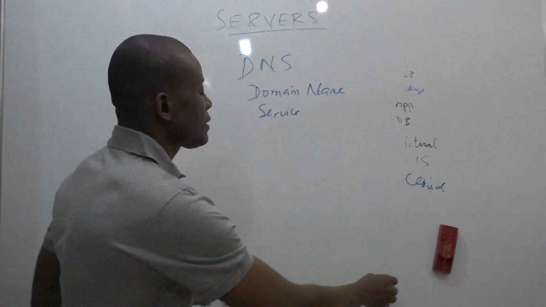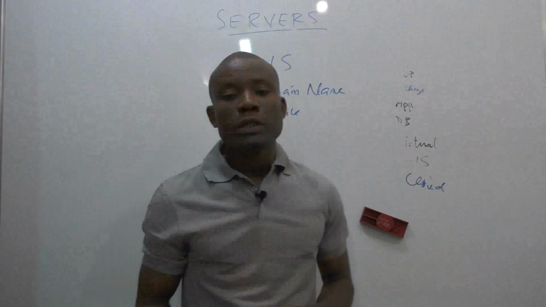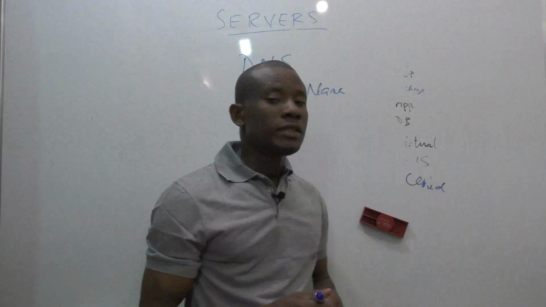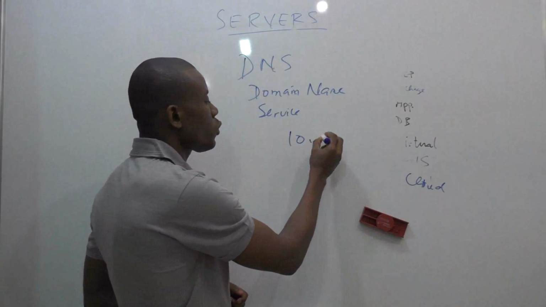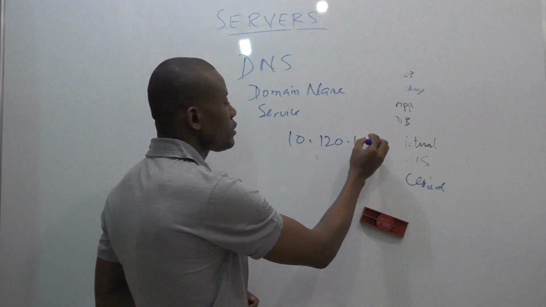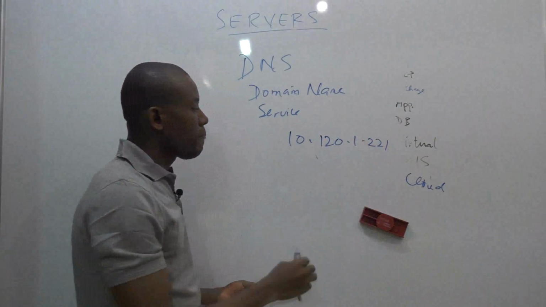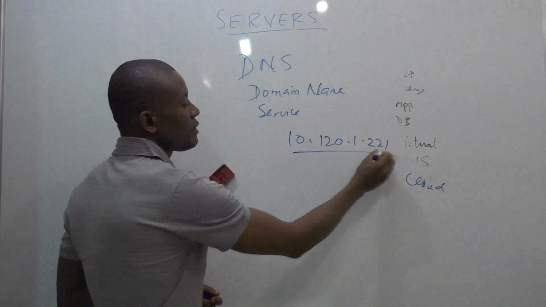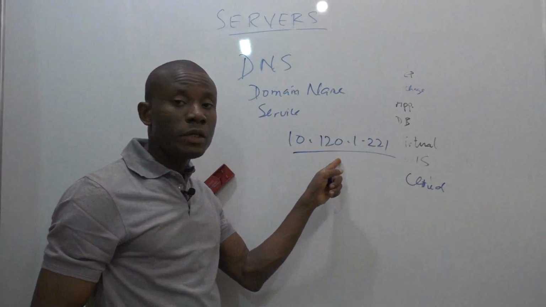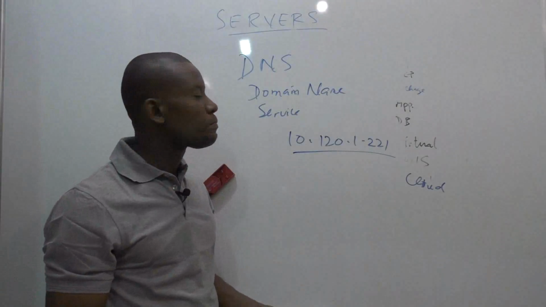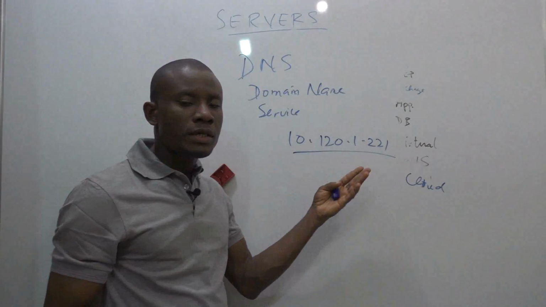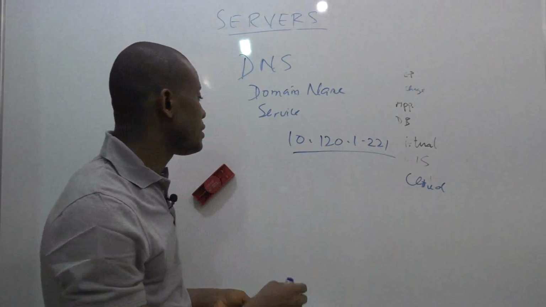So let me paint a picture for you. We know that addresses of computers are IP addresses like 10.120.1.221. This is the address of the computer, and this is the address the computers use to communicate with each other. But nobody actually remembers all this. Nobody memorizes all these IP addresses.